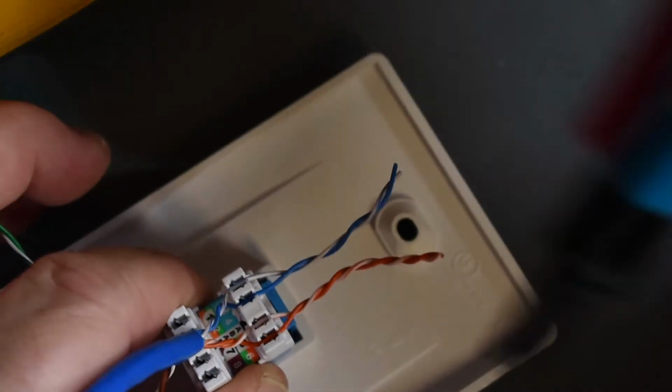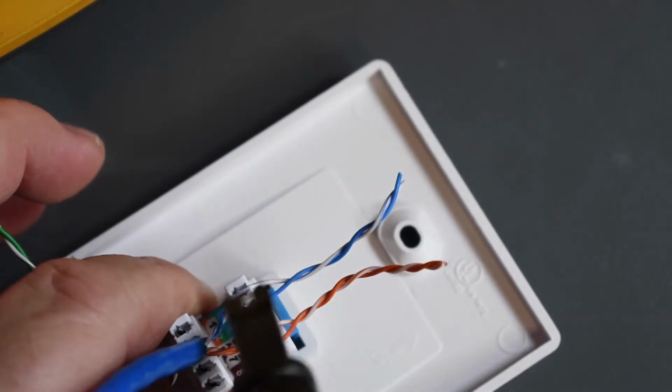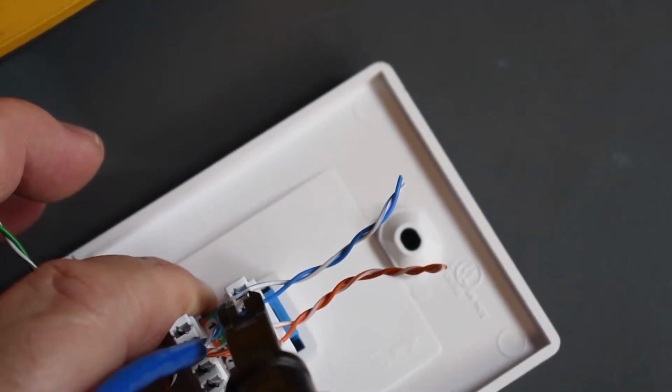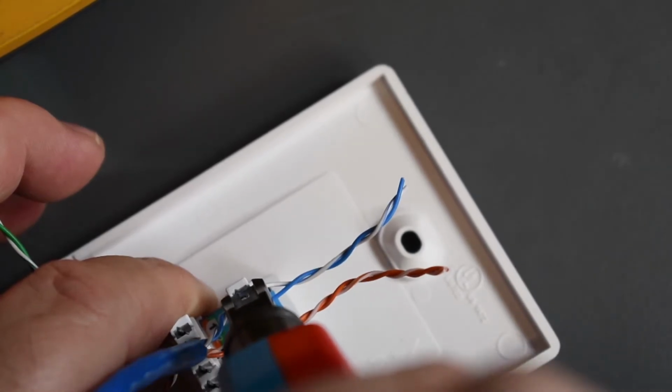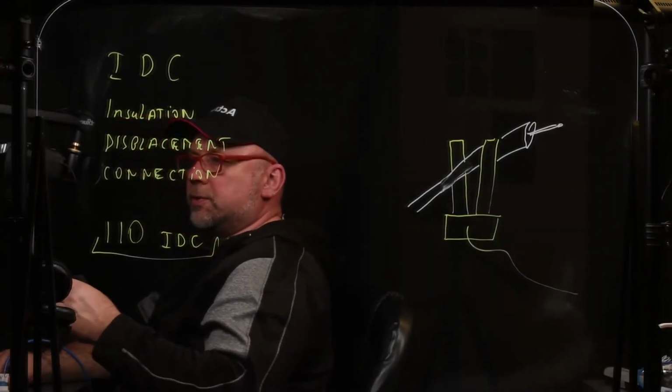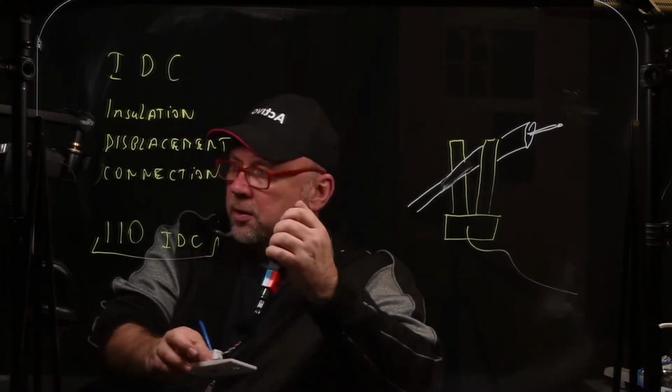So usually I make sure they're standing up straight that way. All right, I'm going to put this on, and put the punch down tool, and just come down like that. I'll do the first one here.